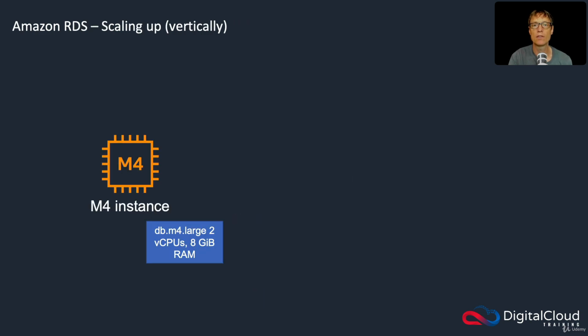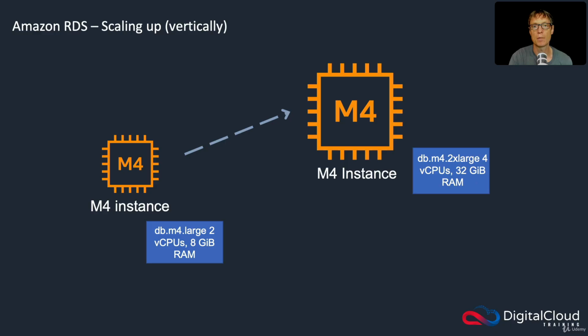So there are a couple of ways that you can scale Amazon RDS. As I mentioned before, at any time you want, you can change the instance type. So this would be an example of scaling up. So you're saying, well, I've got an M4 instance type with 2 vCPUs and 8 GB of RAM, so that's a db.m4.large, and I'm running out of memory, for example, so I need a bit more.